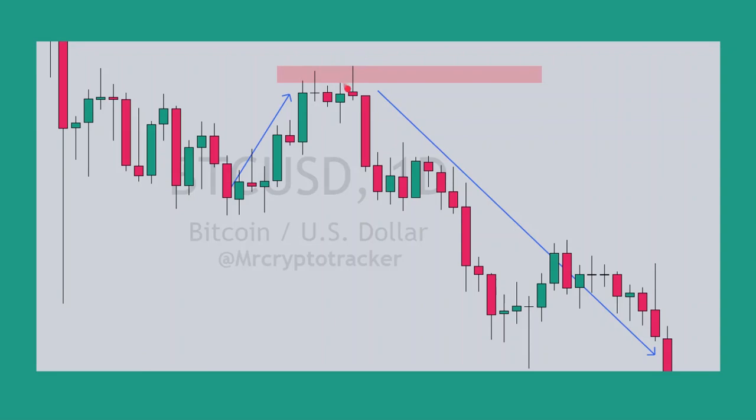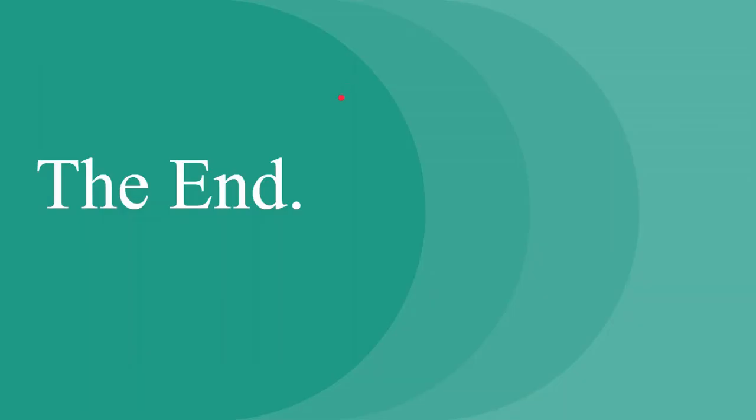If the market closes above this area, then the Japanese say the bulls are refreshed, and this area is our invalidation level. If we entered a short trade at this price, then we have to put our stop loss above this level.